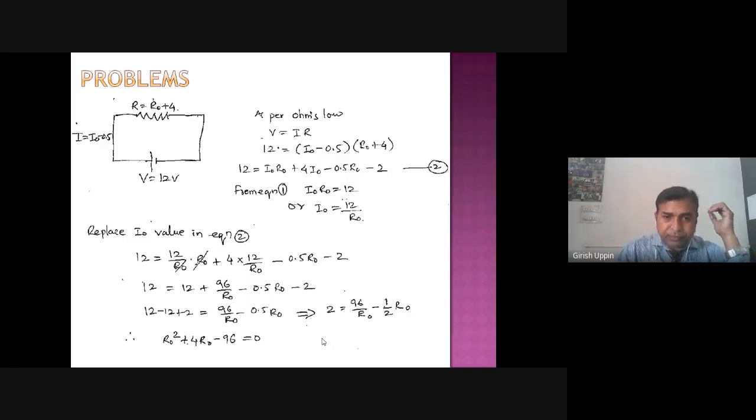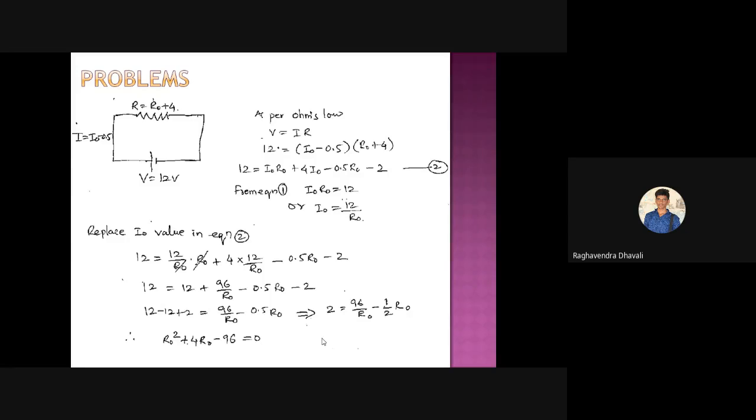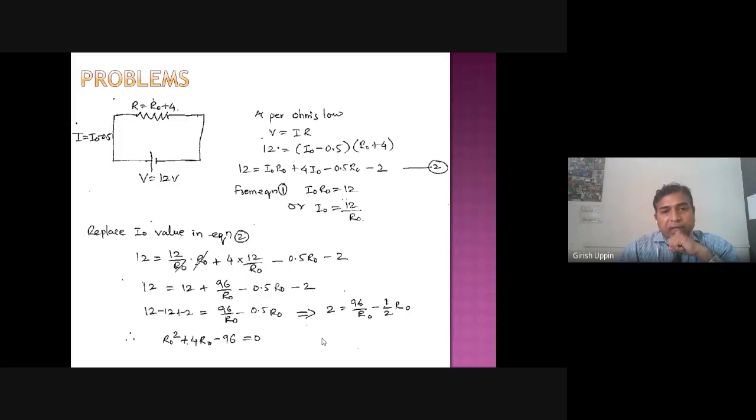What are the roots? 8 and minus 12. 8 and minus 12.